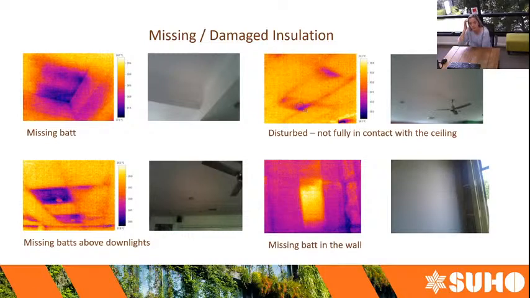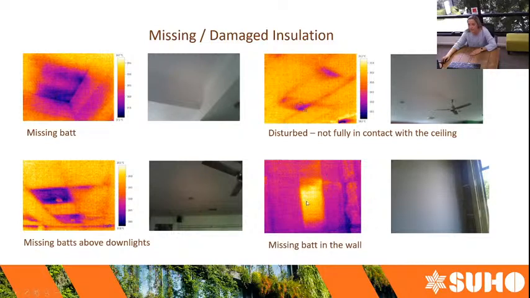This one is just not fully in contact with the ceiling. So when it was installed, it got sort of squished in there a little bit, and it's not laying flat. Not as much of a problem as this situation, but it still is not a continuous insulation barrier across the ceiling, and you won't be getting the full effect of the R value in your insulation if you have it bunched up like that. So it's important that it's laid flat.